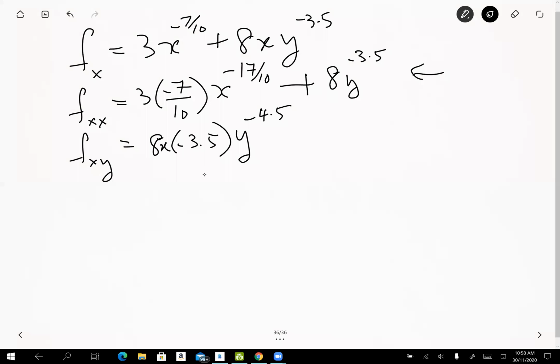Hello? Y now is a constant. Y constant. That means v prime is the derivative with respect to x. So what is the v prime? If y is constant, then what is v prime? Should be what?